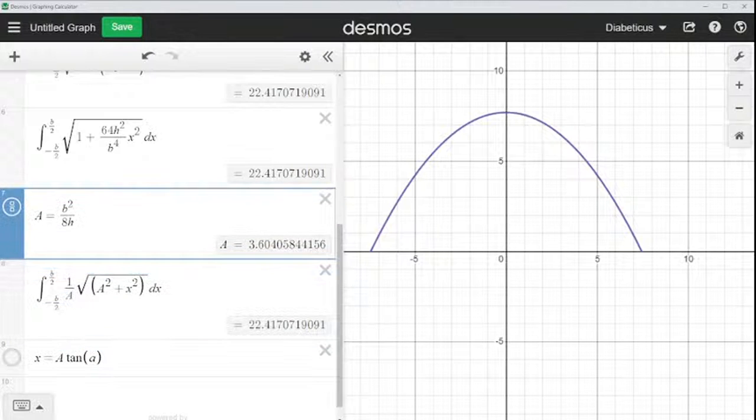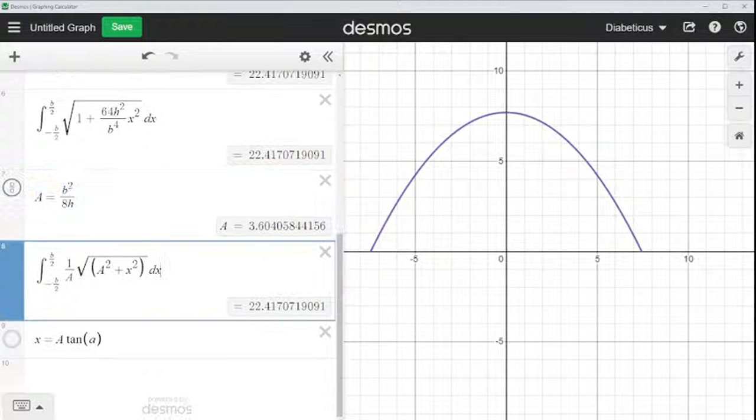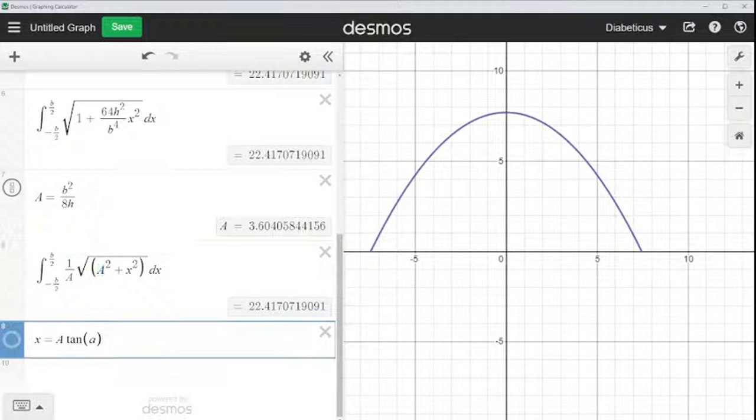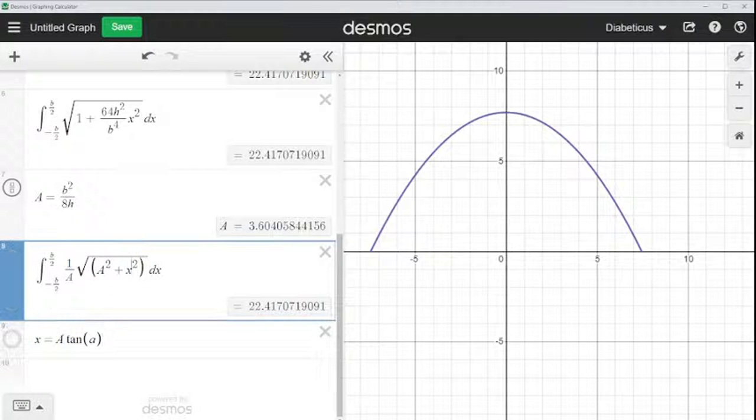And let me put this on top so I can remind myself. So we just have an expression devoid of b's and h's with just one single letter. Now we replace things here.